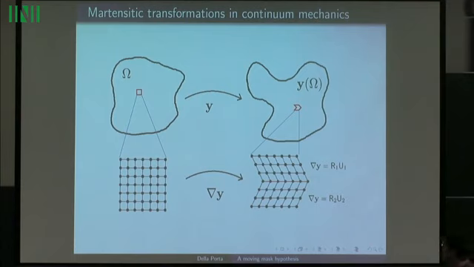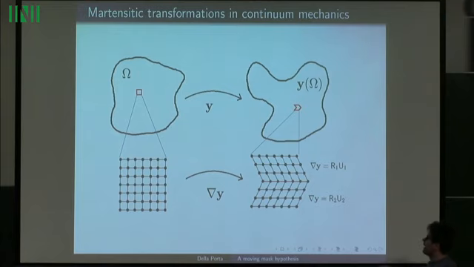And then we look for a map y that gives us the position of the points in omega after the transformation has occurred and the whole sample has undergone a martensitic phase transformation. Since y is mapping R^3 to R^3, its gradient is a 3×3 matrix, and locally at almost every point it is supposed to give us the matrix that deforms the cubic austenite lattice into the martensite lattice.